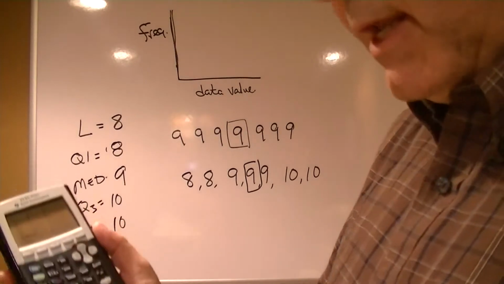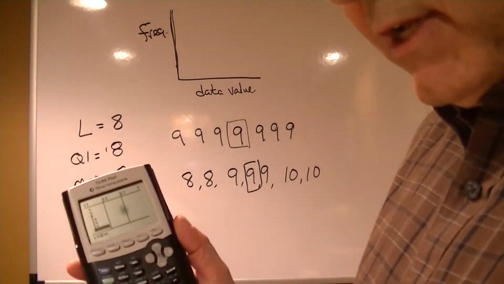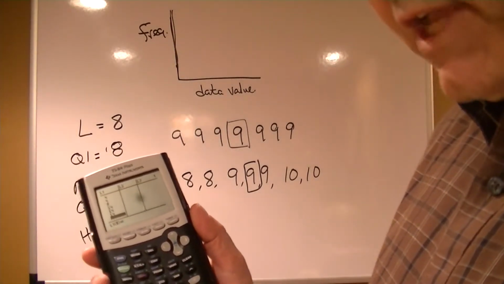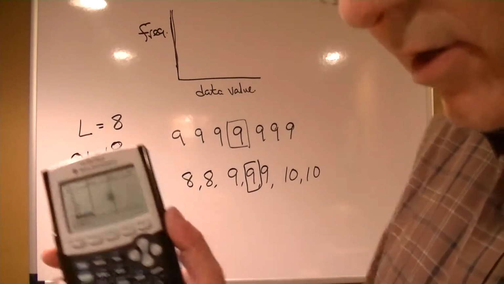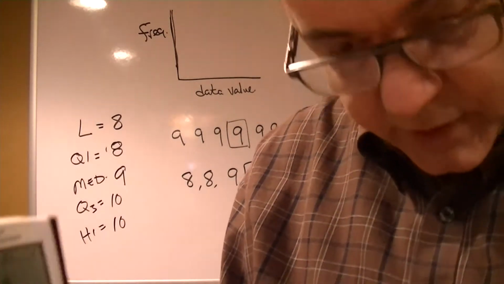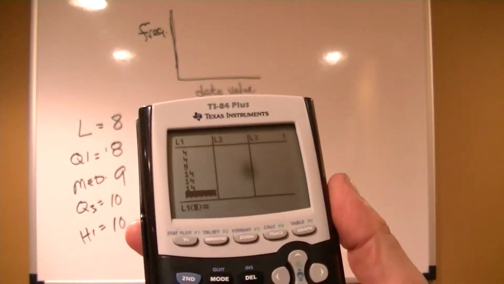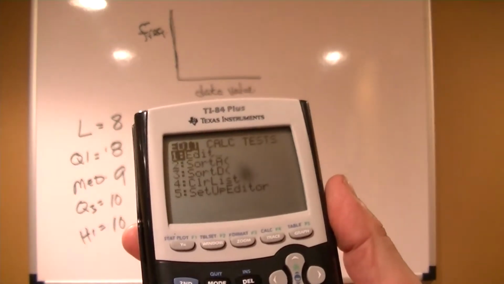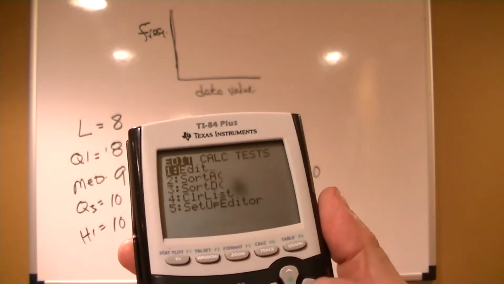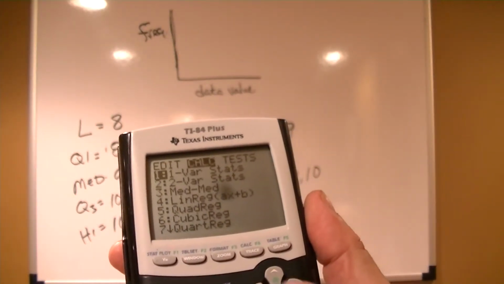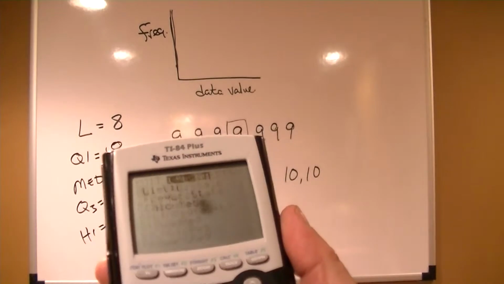Now I can answer what they want, which is compute the standard deviation. Where do I go? Stat. I want to calculate everything out. Use number 1, the var stats.